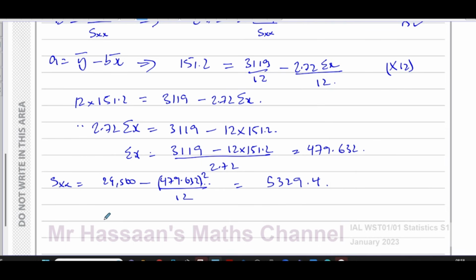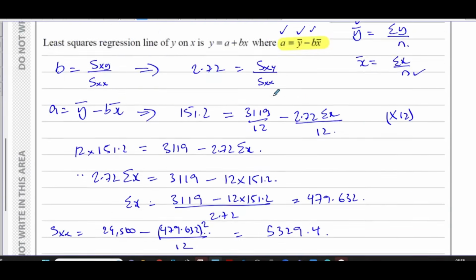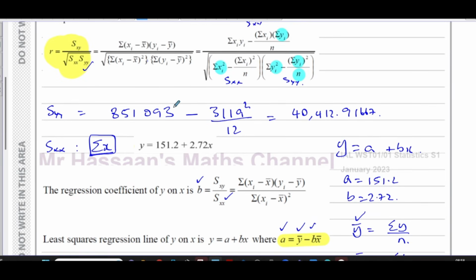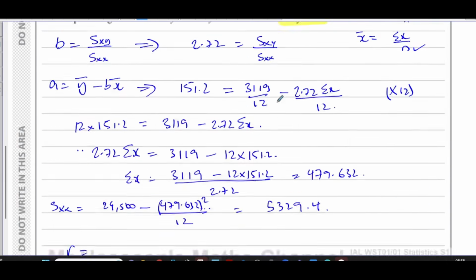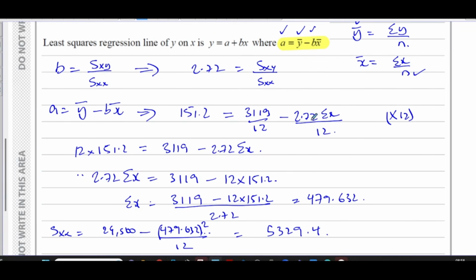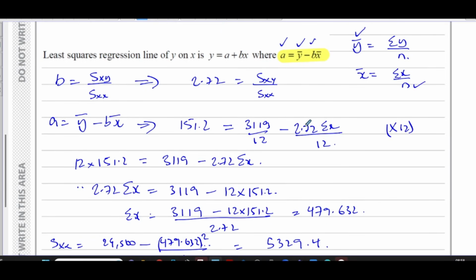Okay, so now I can say R is equal to... now I can use all these values. R is equal to, as we see here, SXY over the square root of SXX times SYY. So SXY, we can now calculate, right?